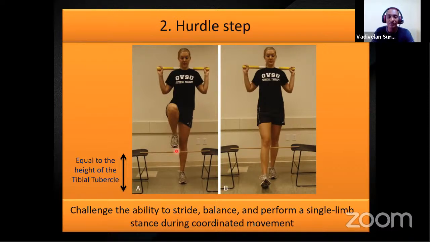Once it's placed, the athlete takes a step forward and places his heel, not the complete foot. After that, he or she has to go back to the starting position without losing balance. This is the hurdle step screening.